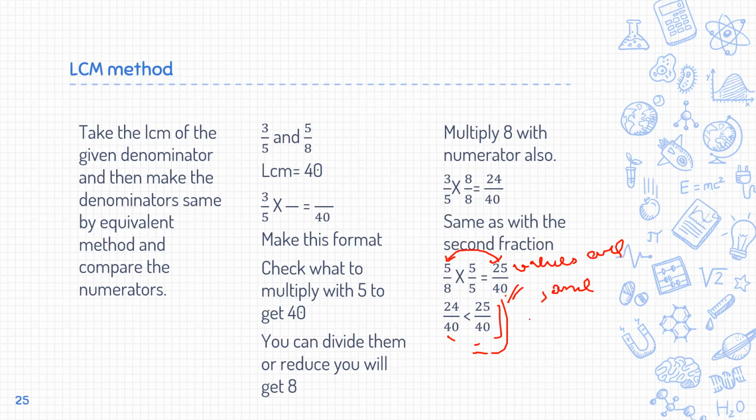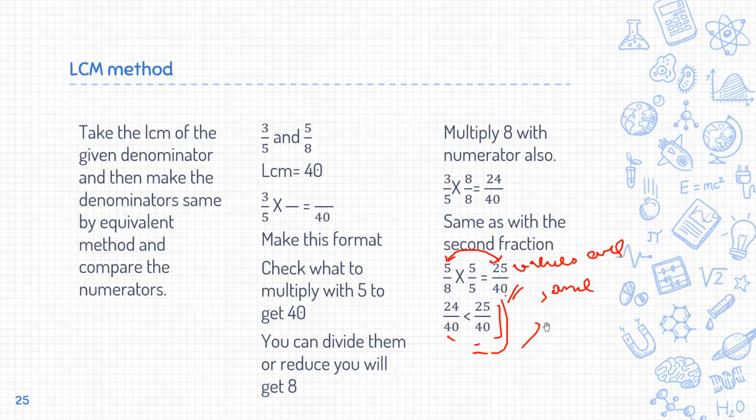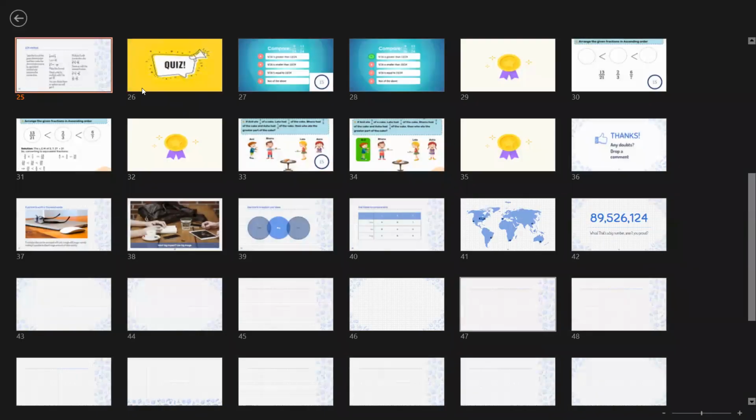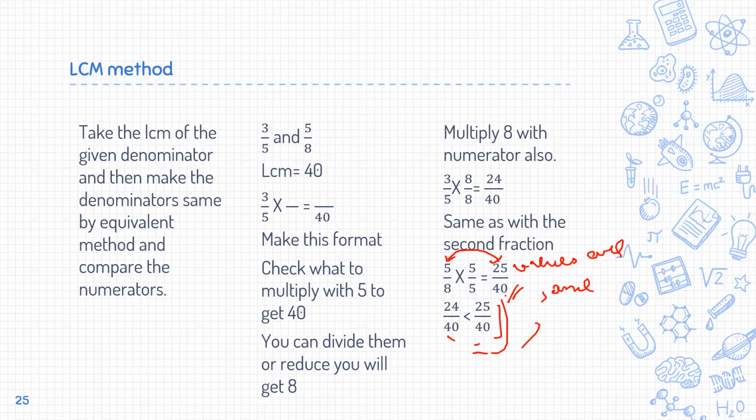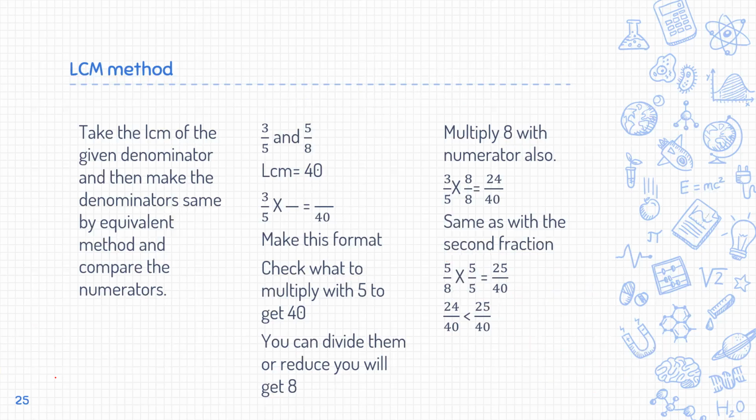And 25 is equal to what? 25 is equal to 5. Oh, what is happening? I'm sorry. Oh, just a minute. Okay, 5 upon 8 is greater because, see how, 25 upon 40 is greater and this is equal to 5 upon 8.